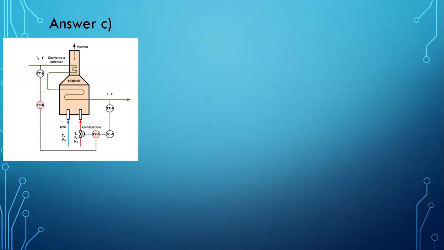Now, the last answer is the important one. It seems that it's the same image as the first problem, but it's different. We now get a TY1 that connects to TY0 that connects to TT0, which is connected to T0F.